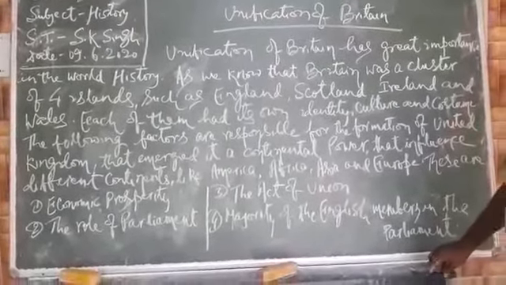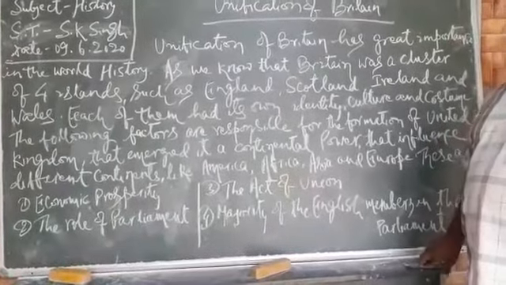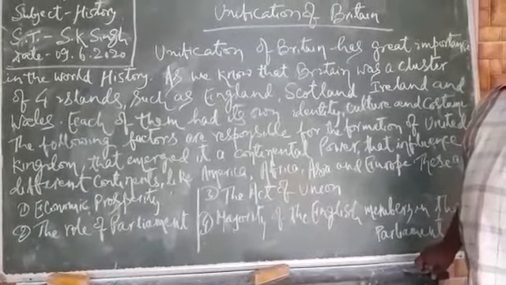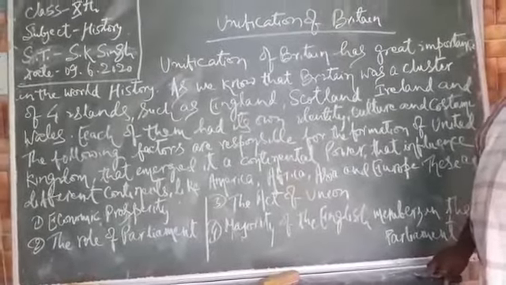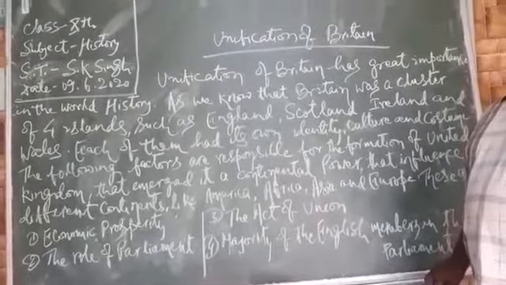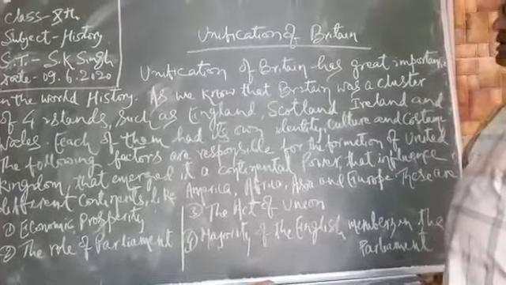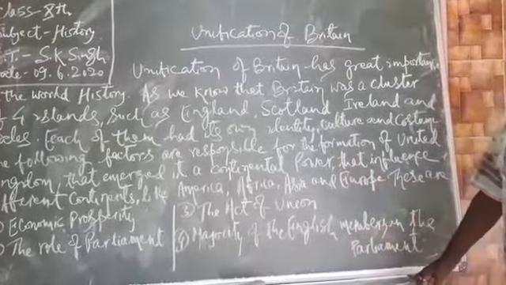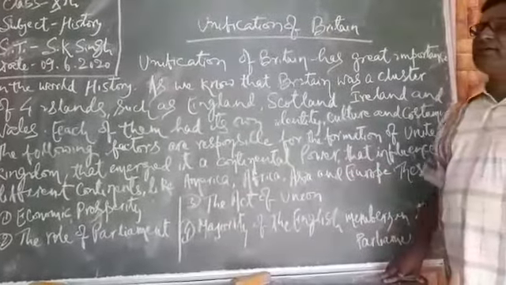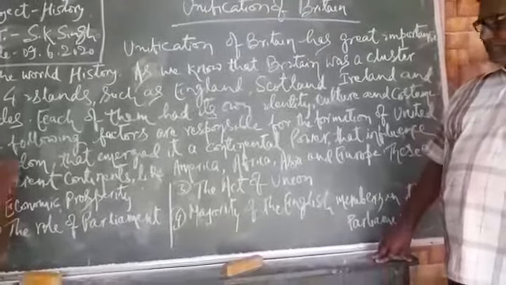Like that, England occupied empires in different continents, in America, Africa, Asia and Europe. All these continents had been under British control. That's why it was said that there was no sunset in the British Empire.